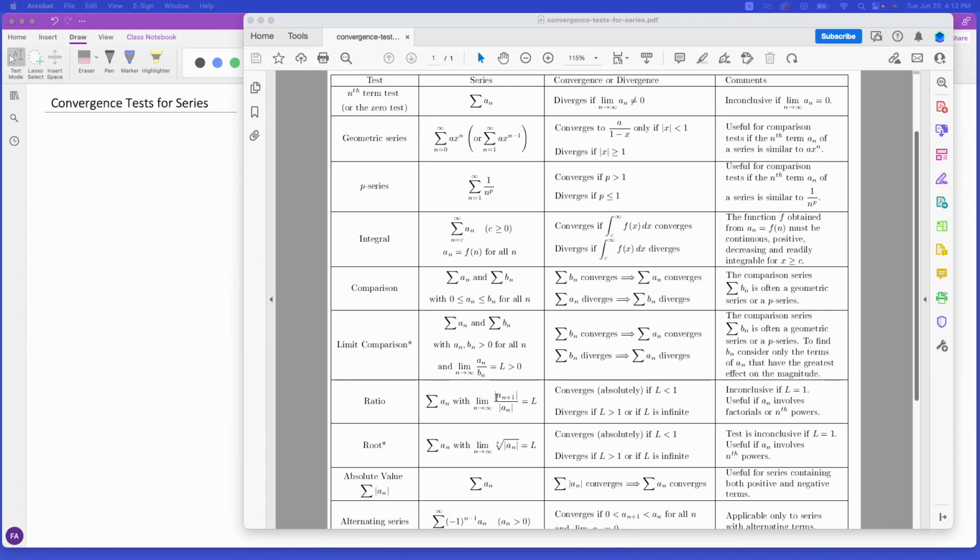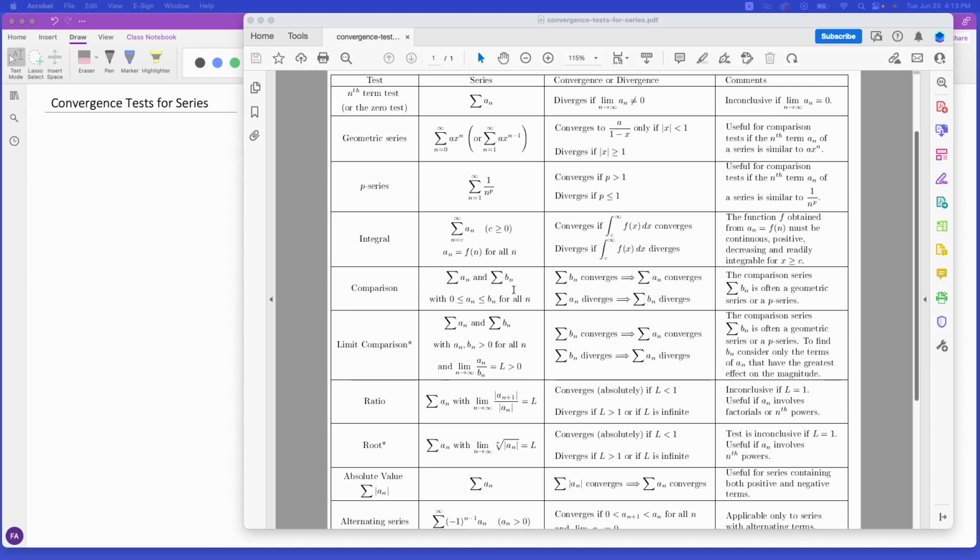Now, I'll tell you that the four most common ones that I've come across and that I use are your ratio test right here, near the bottom there, your p-series, your geometric series, and then your comparison test, in no particular order.